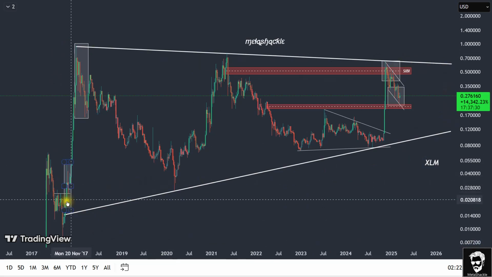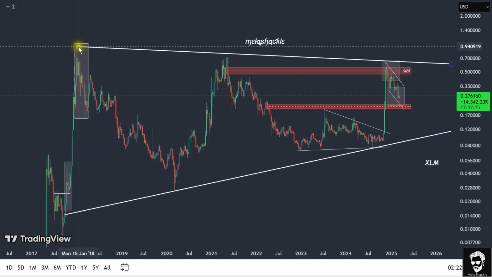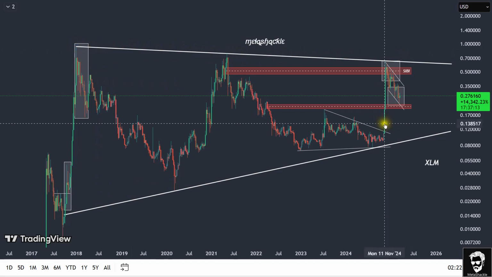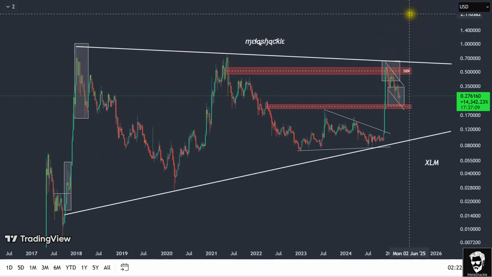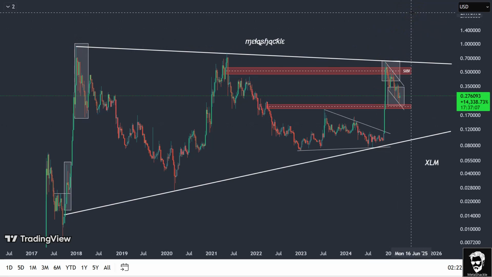If you have seen the XRP charts, you'll know that this resembles very closely what the XRP chart looked like, with the exception that XLM has yet to break out of this wedge pattern, coming up to the upper trend line. XRP punched right through this bad boy and is trading up in this range. So at this point, XLM is actually lagging behind considerably in comparison to XRP.